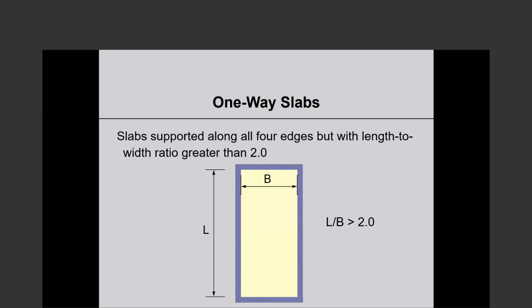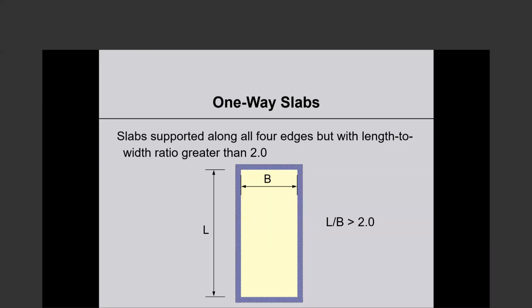Now, when the long dimension to short dimension ratio exceeds 2, the long direction bending becomes almost irrelevant. Very little load is transmitted by bending in the long direction. Almost all the load is transmitted by bending in the short direction.